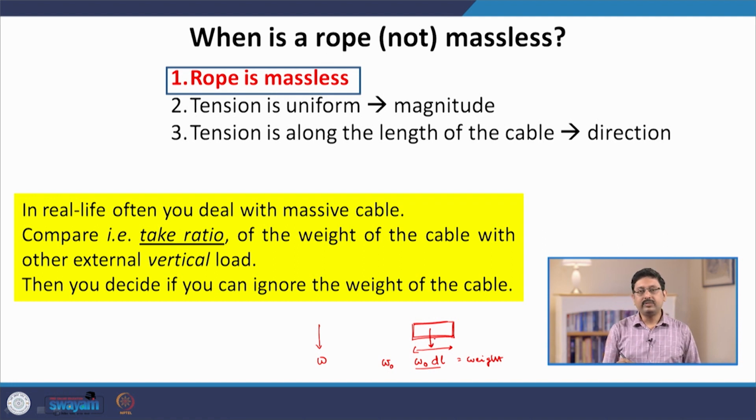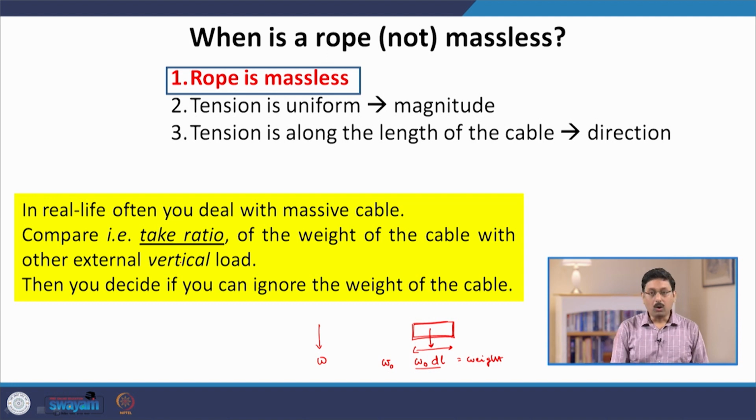Now, there could be other forces in the vertical direction, which could be some external load, for example. Imagine a situation where you have a rope and you are hanging clothes from the rope; those clothes are exerting some force in the vertical direction.